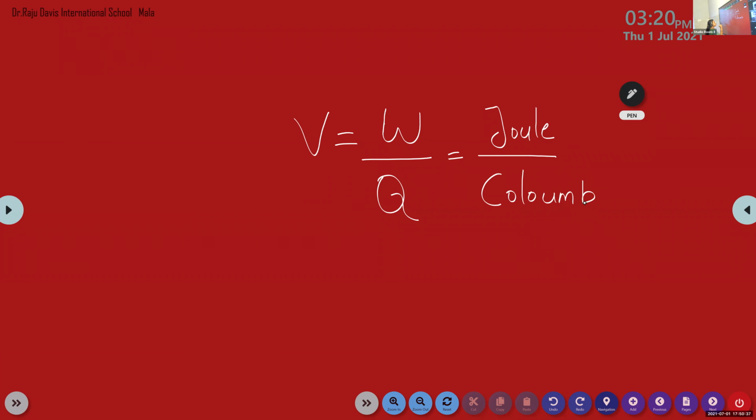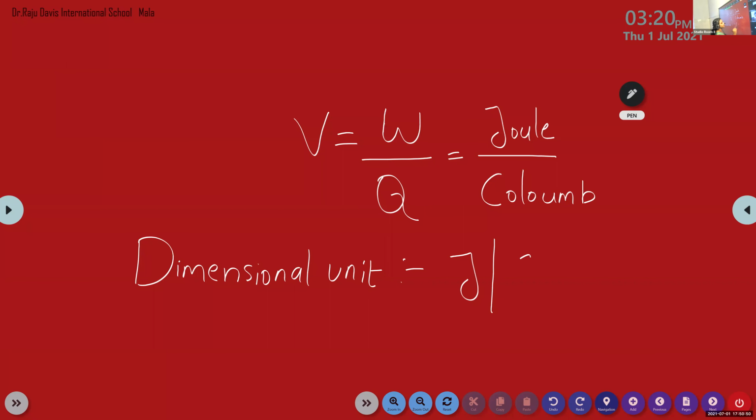So the dimensional unit of voltage, not the SI unit, the dimensional unit of voltage is joule per coulomb, or you can write J C raised to minus 1.